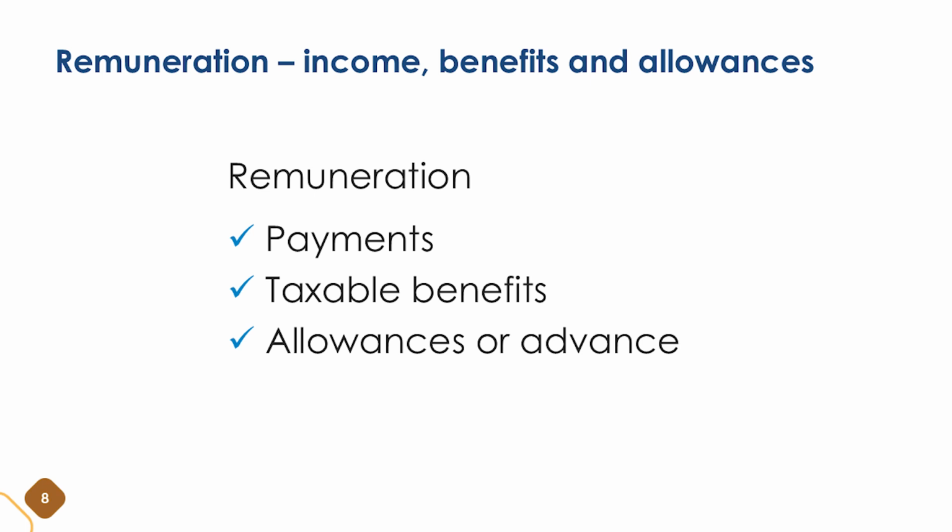Salaries and wages are generally the bulk of an employee's regular income. Employers pay employees regular payments for their work. An employee can receive other forms of income, most notably taxable benefits and allowances. A taxable benefit generally arises when an employer pays for or gives an employee something personal in nature, such as a good or service.